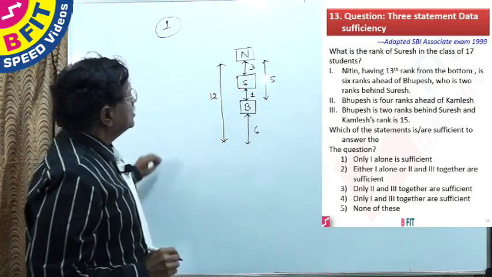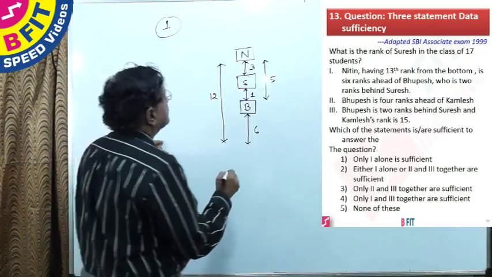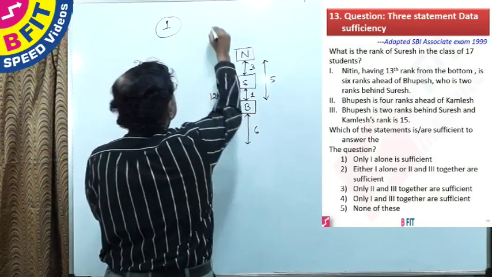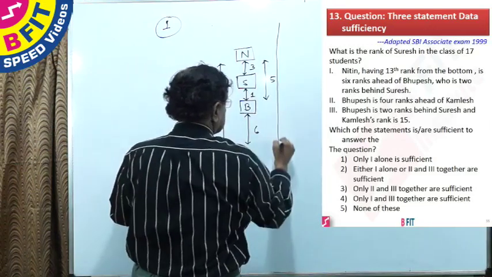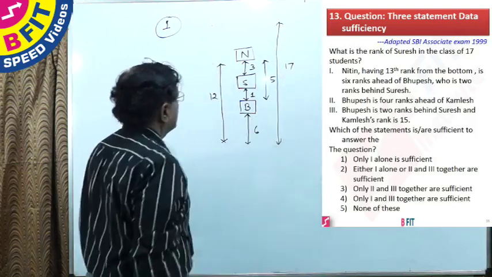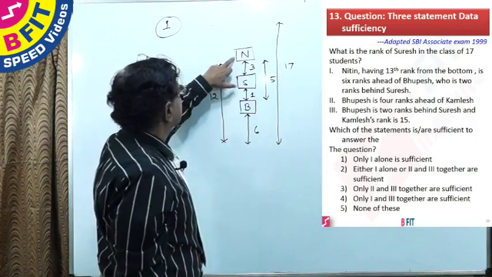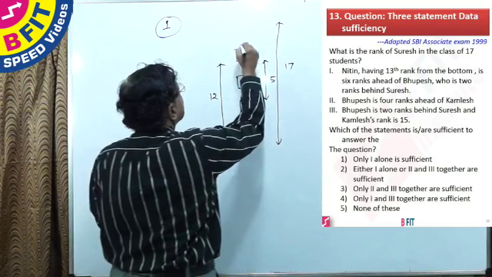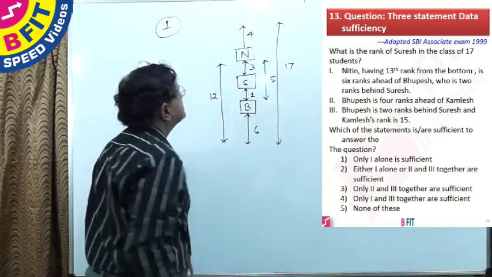So there are totally 17 persons, which is also given. I will draw here so that we are very clear on this. Up to here it is 12 plus 1, 13, plus 4, 17.